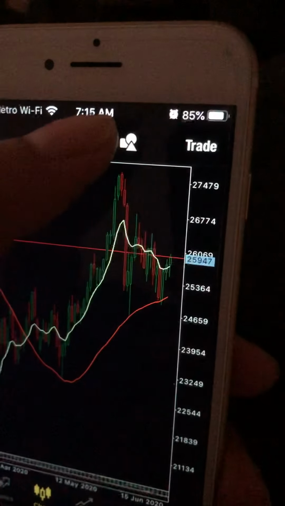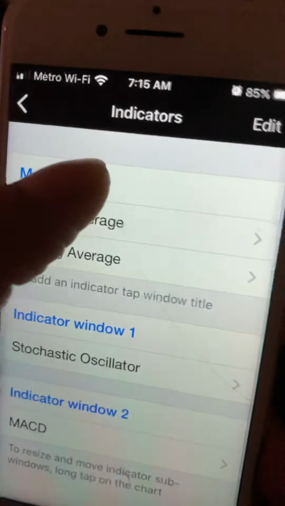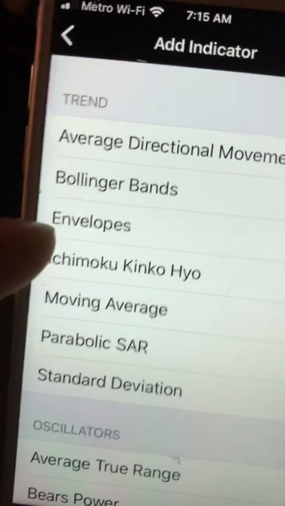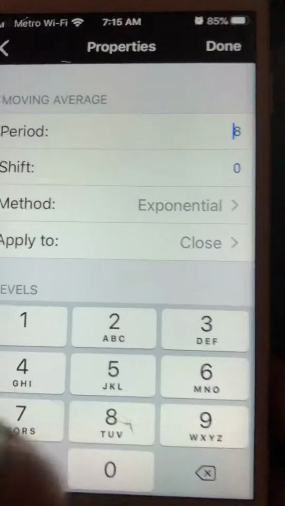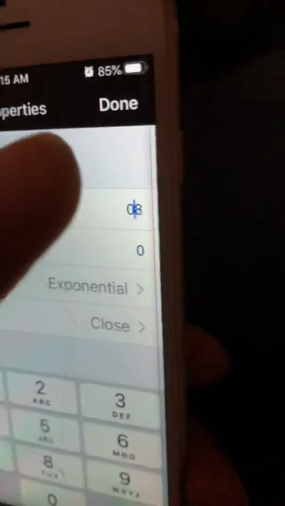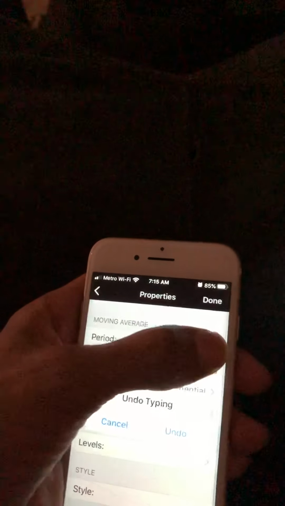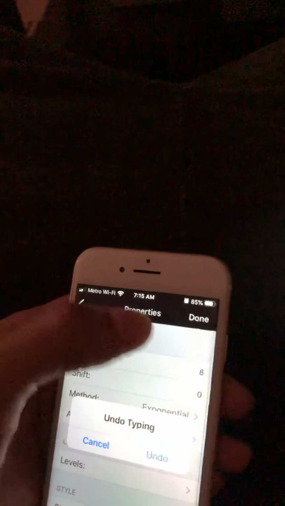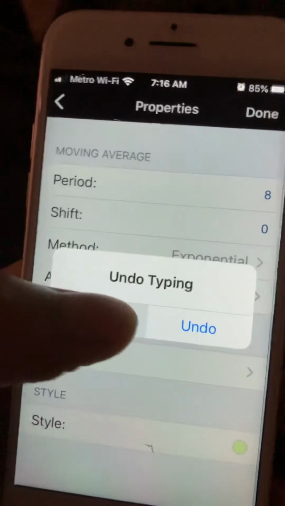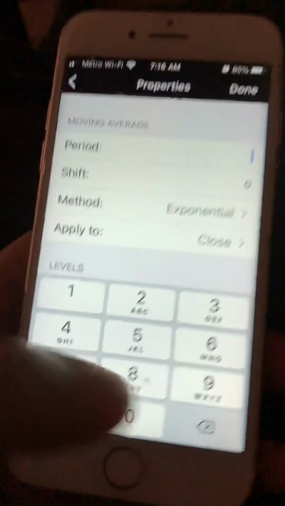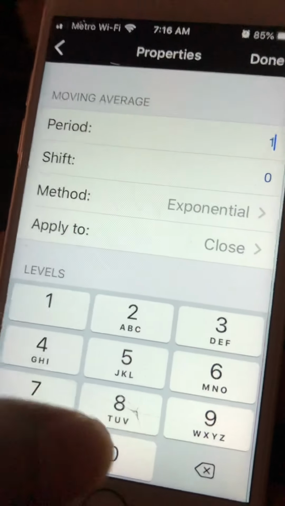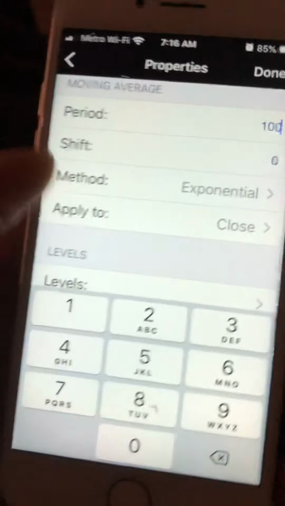And then the next moving average is the 100 EMA, and that will show the movement of the last 100 candles. I would do this on my computer, but the computer is way different.